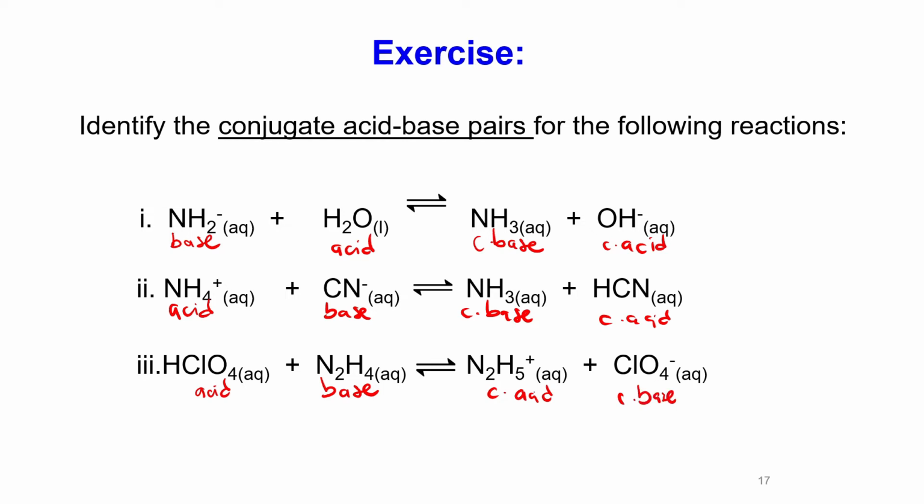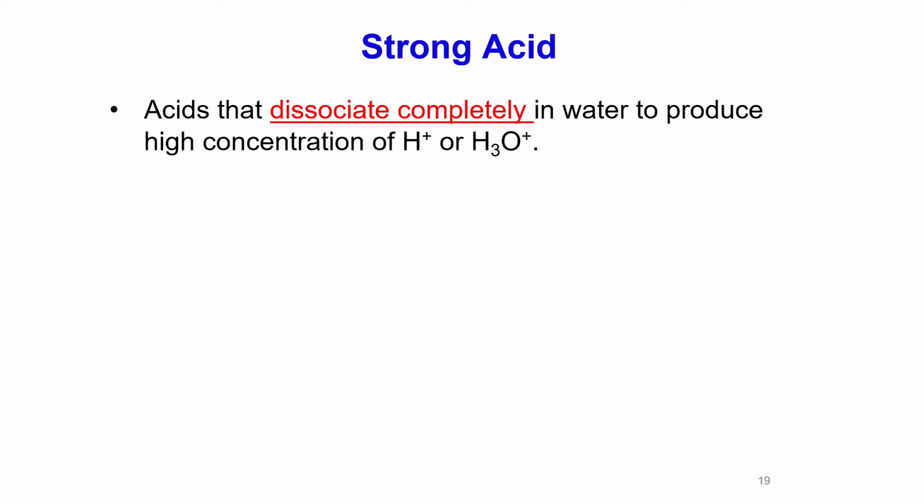Okay, right. So types of acids and bases. Okay, jenis acid dan juga base. Okay, so it can be divided into two, strong dan juga weak. So for strong acid, okay, strong acid is an acid that dissociates completely in water to produce a high concentration of H plus and H3O plus.